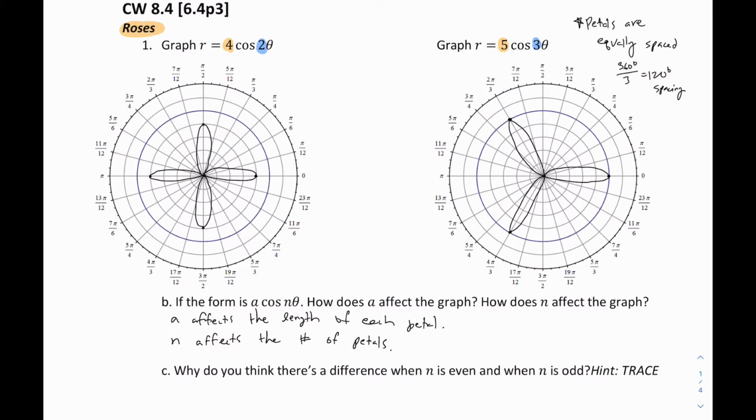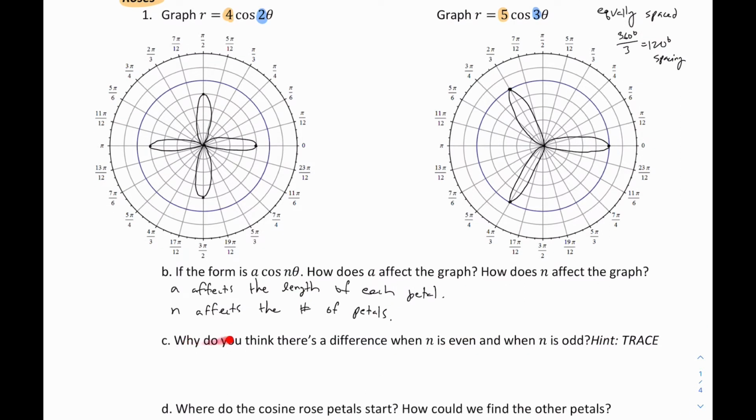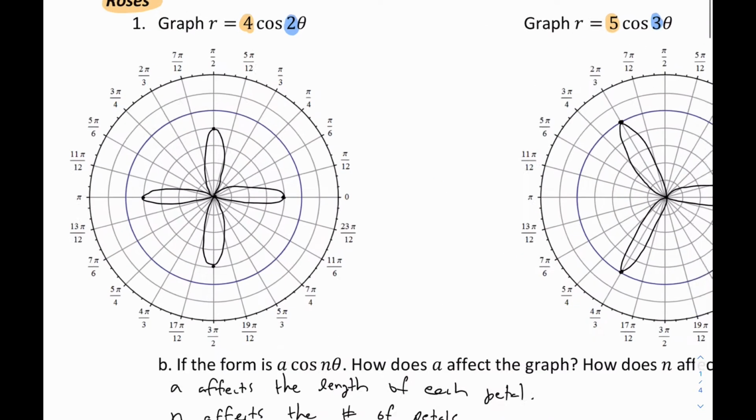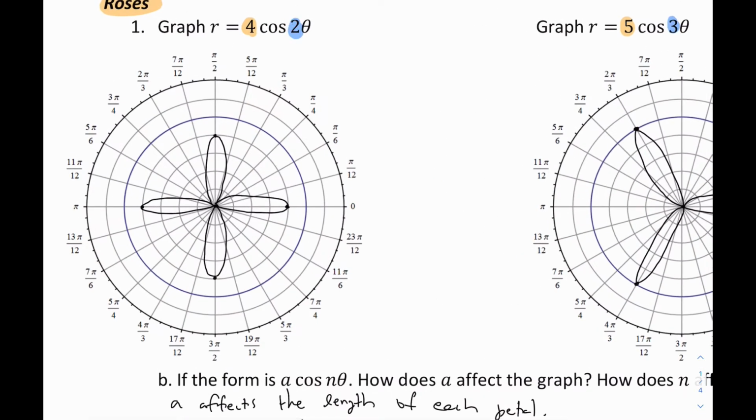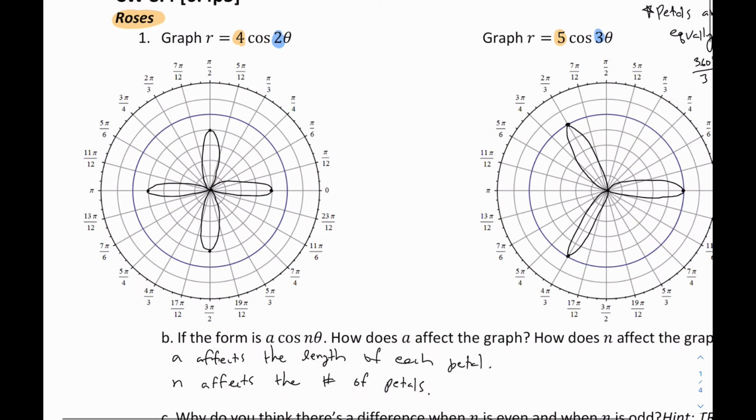Now the next question says, what's happening when N is even versus when N is odd? So you can see N is 2 here, there are 4 petals. N is 3, there are 3 petals.